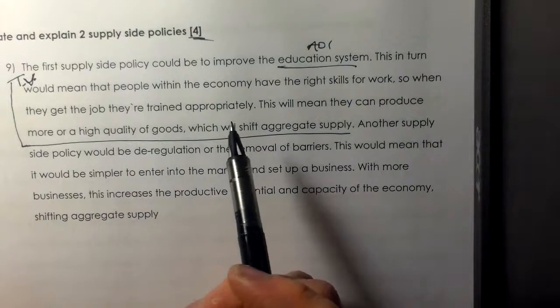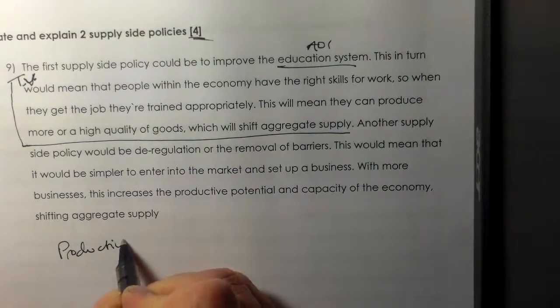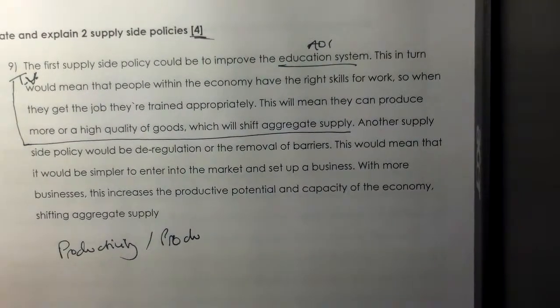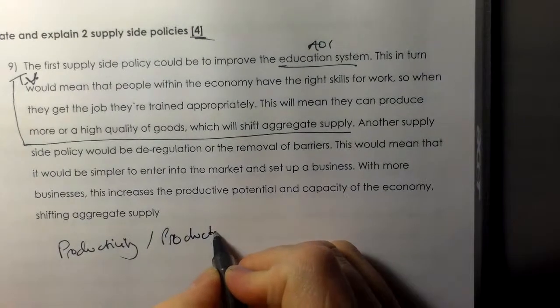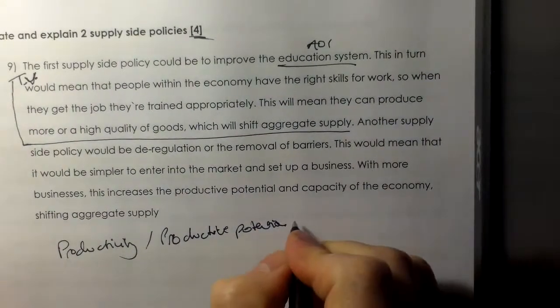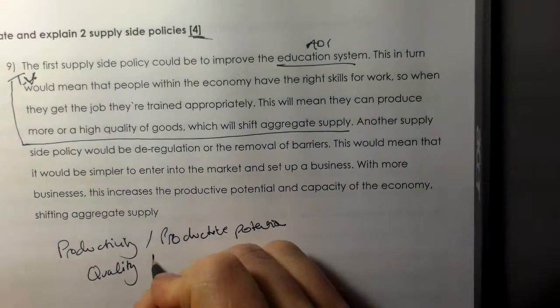There's words that are missing in here, like productivity, productive potential, or the quality and quantity of factors of production.